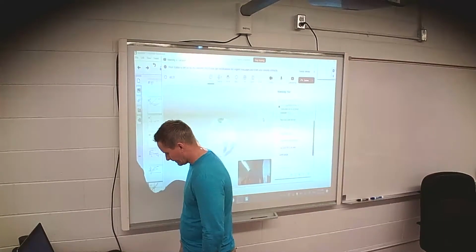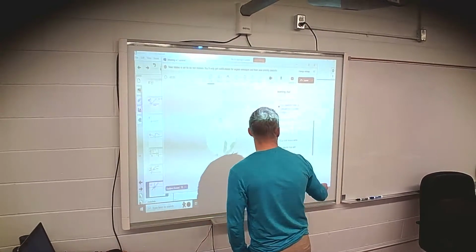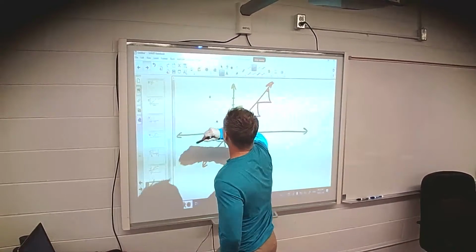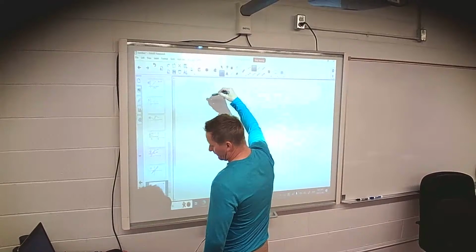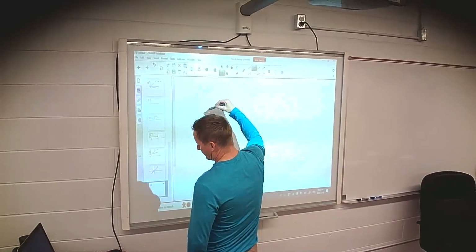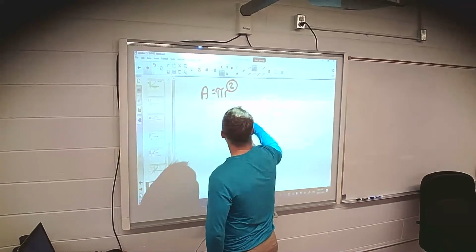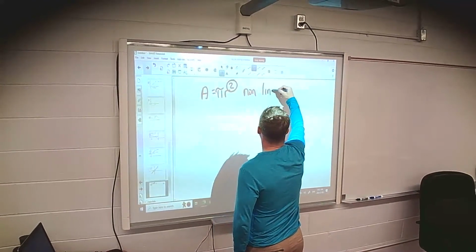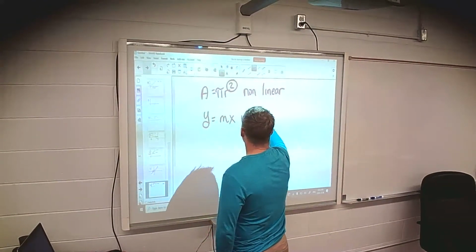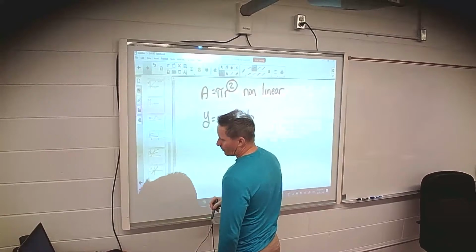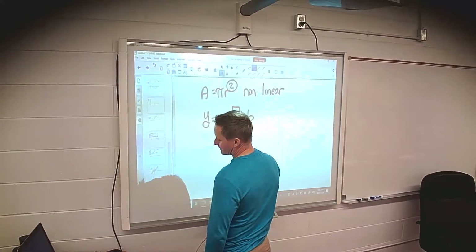Number 4. Determine each formula. Okay, in order for it to be a linear relation, Kaylin, the variable has to have an exponent of 1 on it. So in the case of pi r squared, because of the squared value, that's nonlinear. If it's linear, the exponent right here has to be a 1.